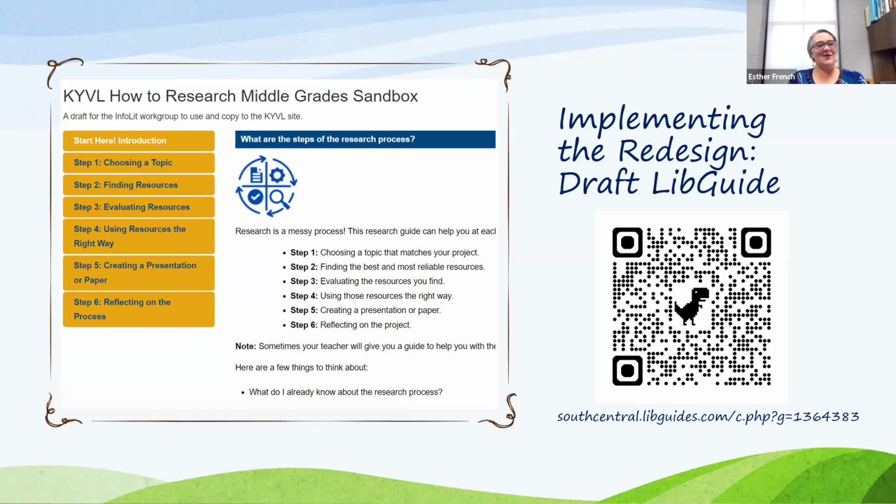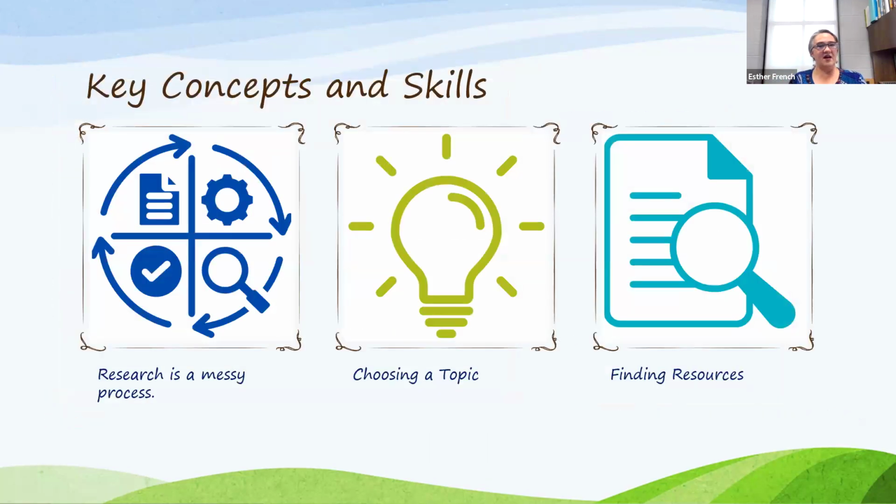One of the things that we did was to create some icons. These are out of Canva, but they represent the KYVL colors. If you go to the KYVL page, they have certain colors, so I just grabbed the color scheme and made sure that the icons I pulled were simple enough.